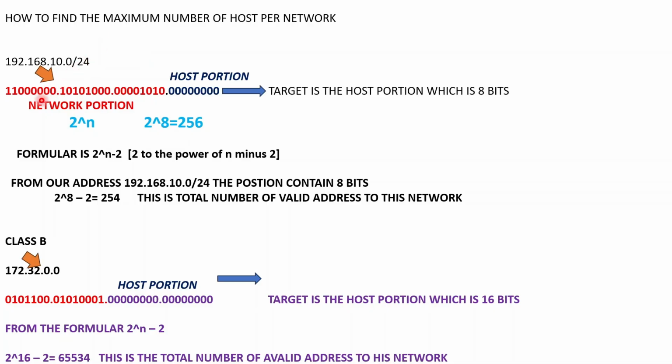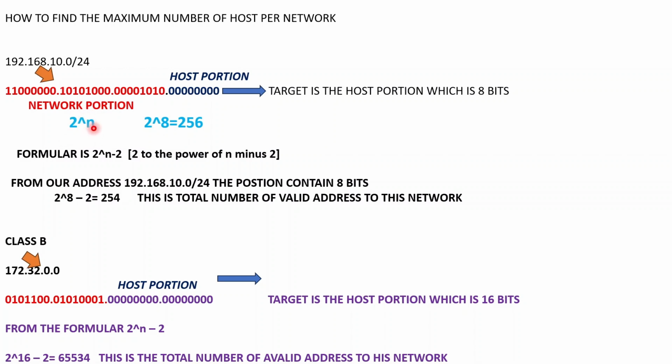So from this our class C network here, since we say we are going to find the maximum number of the hosts per network, the formula is 2 to the power of n. N represent the number of bits that are available in the host portion. I'm repeating once again, the formula is 2 to the power of n.